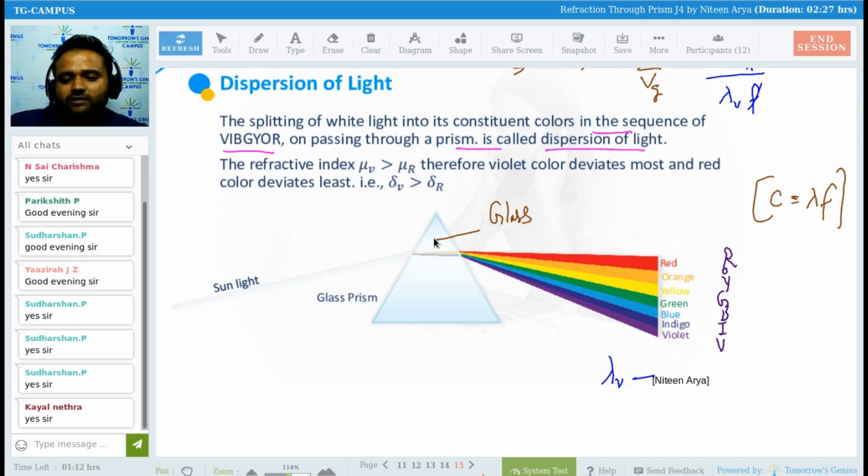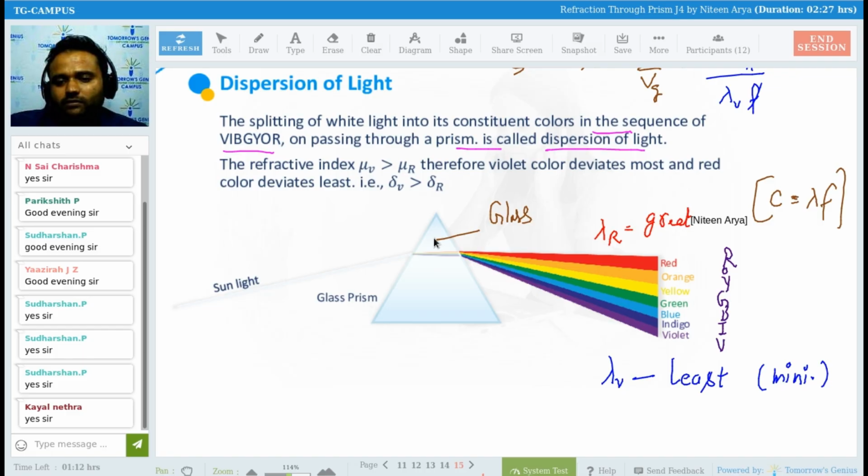The wavelength of violet is least, or you can say minimum. In the same way, lambda of red is going to be max, or greatest.